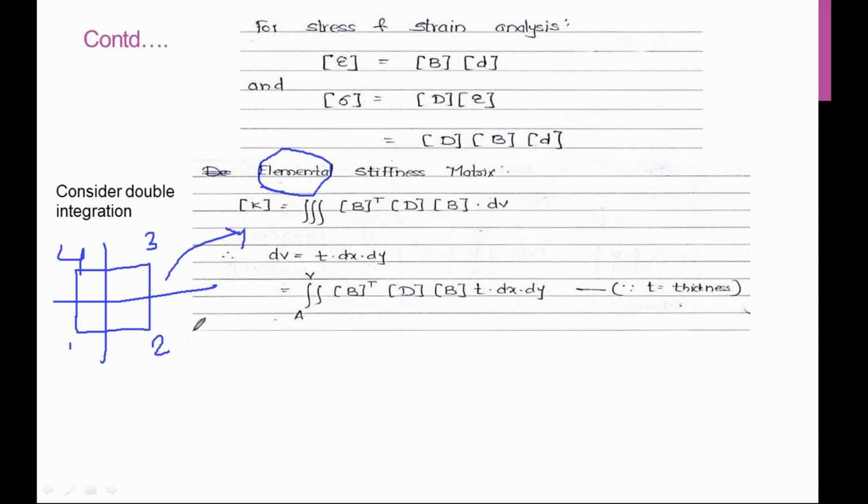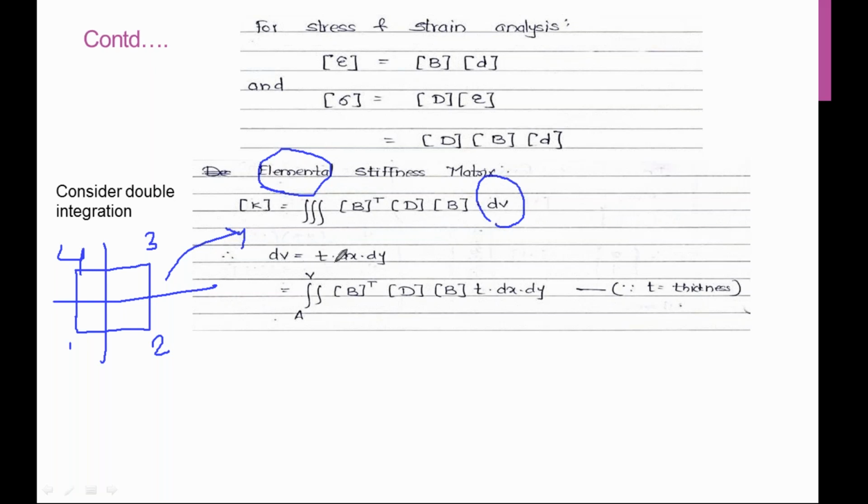Now this is a two-dimensional element, so I'm considering the volume here. In previous units you already solved numericals on the bar element and truss elements. You did not consider the volume there, but you have to consider it here because this is a two-dimensional element.